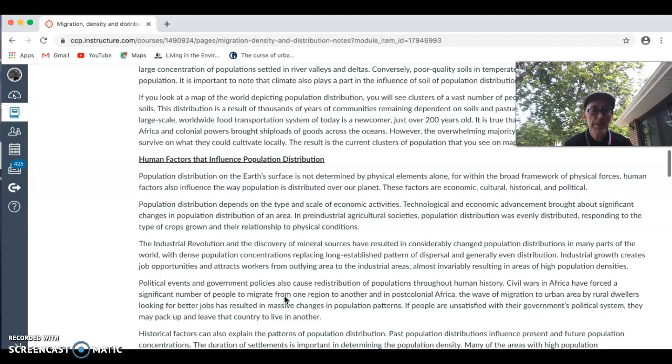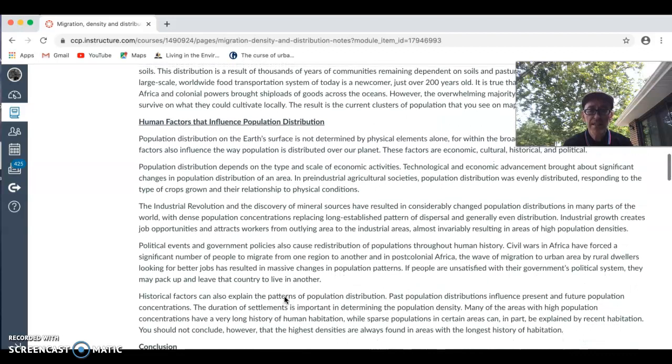Or it may even be political decisions. For example, planning, or it may have been wars in certain areas. Or historical factors. It might be something that has led to the development of a settlement, and from that original site a settlement, town or city has expanded. For example, the initial site may have been high up and used for defence, or it might have been a crossing point on a river.